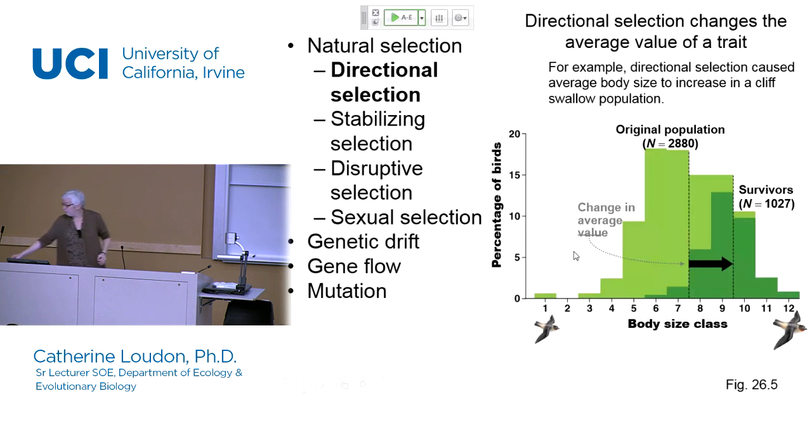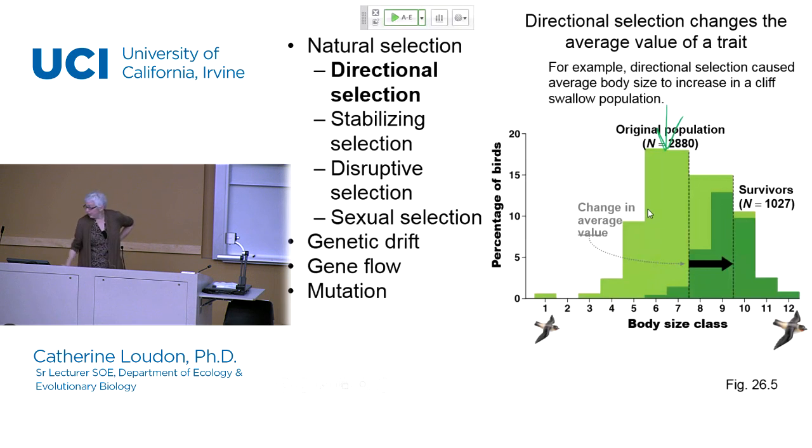So notice that before this event occurred in the original population, the mean was around here for a body size of 6 or 7 or so. The y-axis is percentage of birds. You could see it would be fine if it was number of birds or percentage of birds. Either one still makes it a frequency histogram.